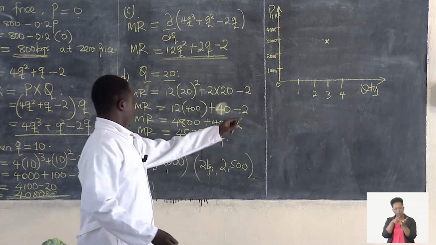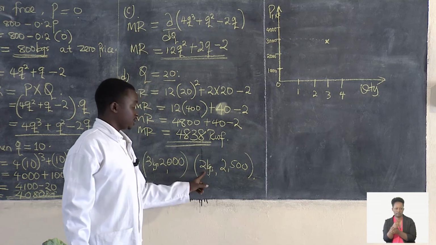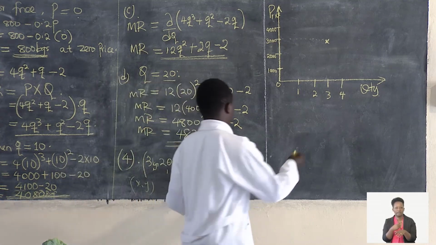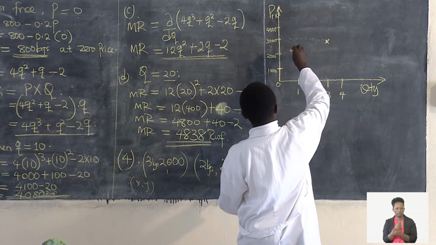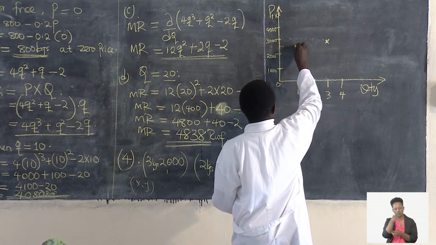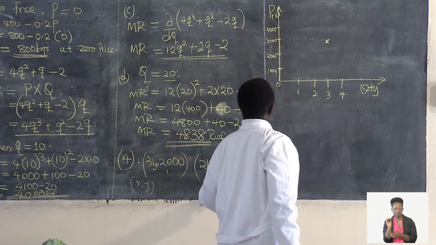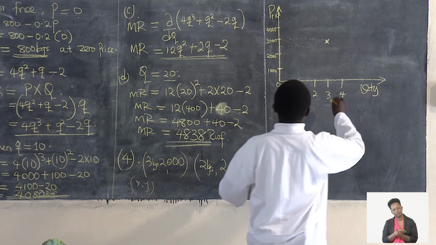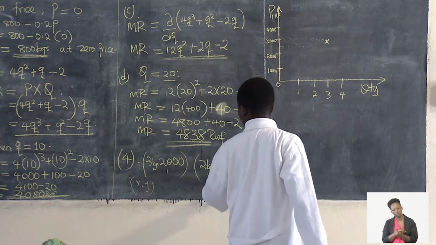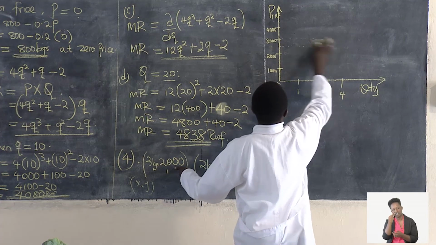Then when the price increased to 2,500, quantity demanded reduced, you can see, to 2 kilograms. 2,500 is around here, so you have to estimate it very well. 3 kilograms was at 2,000. Then when the price increased, quantity demanded reduced.